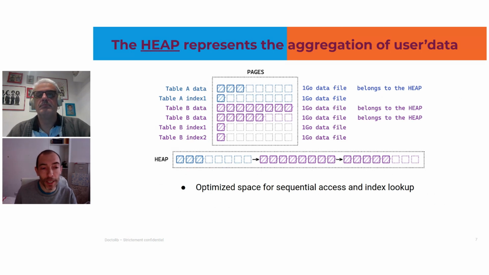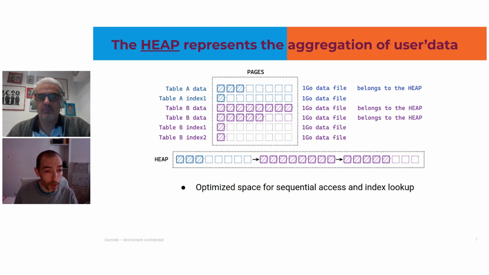So here, what we can see, and you probably heard about it, is what we call the heap. The heap represents the aggregation of all users' data. In this example, we have two tables, A and B. Each table's data is stored in dedicated data files of 1 GB.